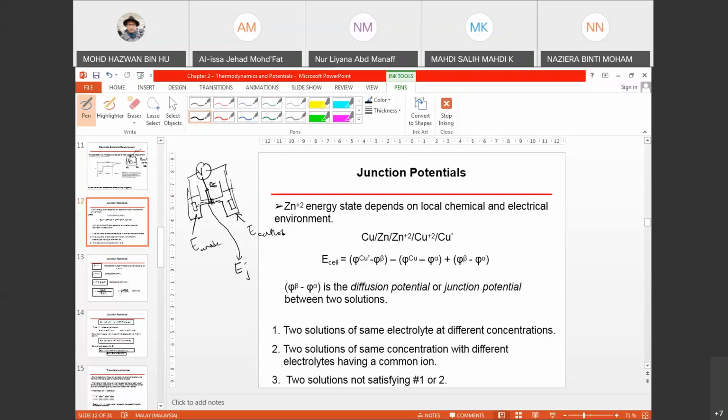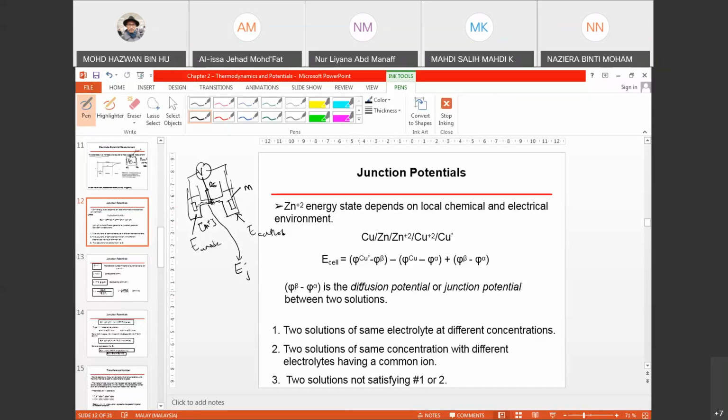Because over here you will have a difference in terms of concentration. Probably over here you have more concentration of metals as compared to another compartment, which has more metal ions. Because of the difference in concentrations from one compartment to another, the junction potential, or the potential value in the capillary, will be different as well.